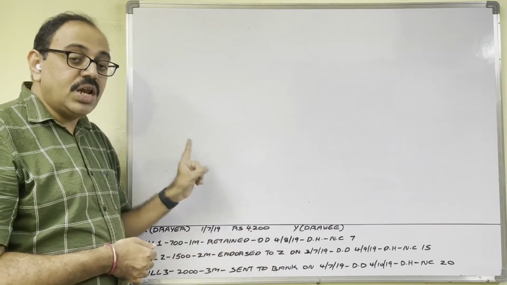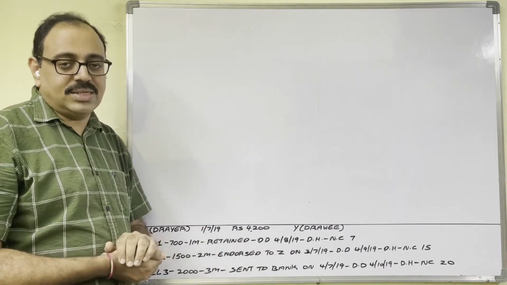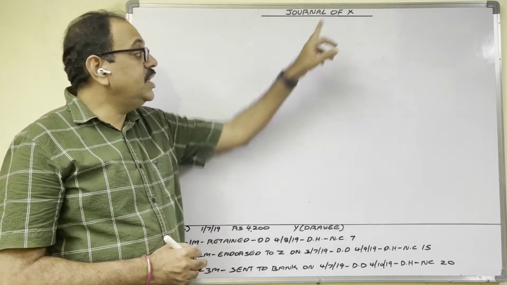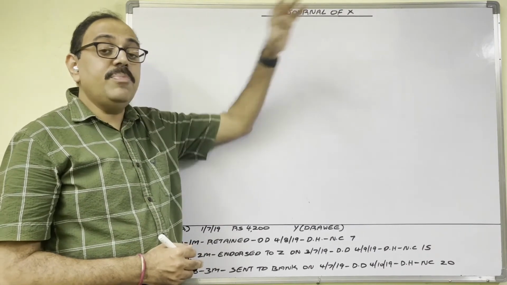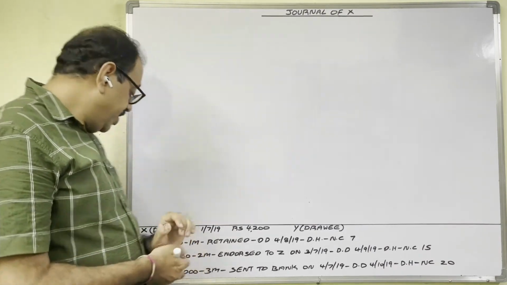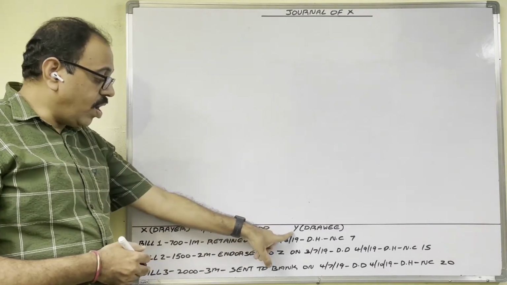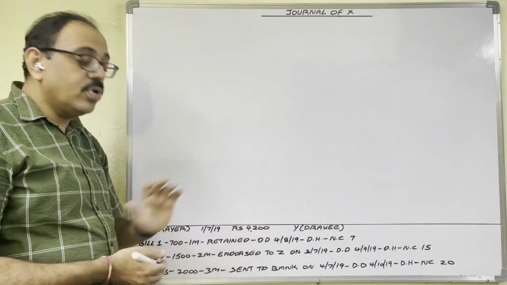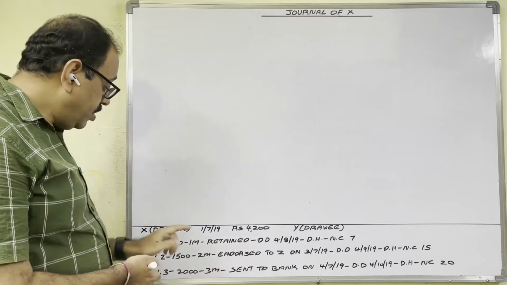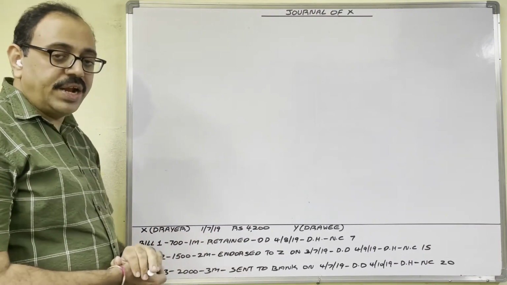So first, journal of drawer, journal of X. As we are writing entries in X's journal, think from X's point of view. First, what happened? He sold goods to Y on credit, sales amount 4,200, on 1st July 2019.